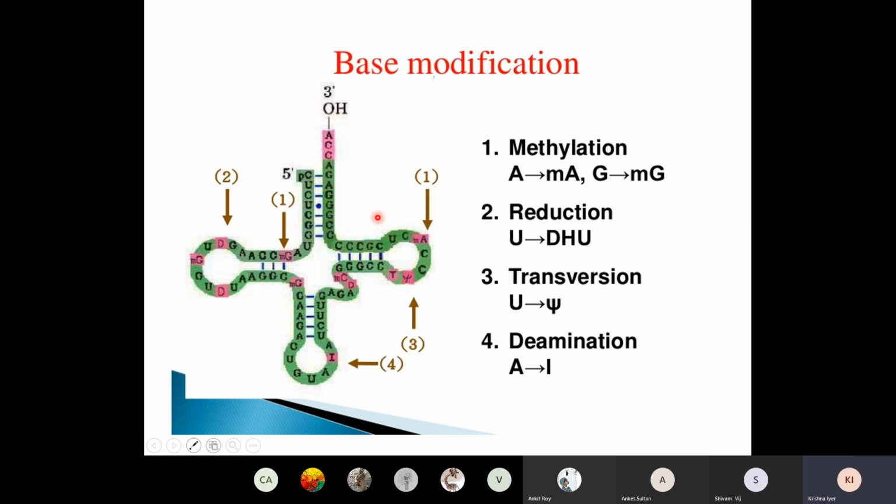All of these modifications like methylation, reduction, formation of pseudouridine, deaminations, they all occur after transcription. So they are referred to as base modifications after transcription of tRNA. This is seen both in prokaryotes as well as eukaryotes. Sometimes in 11th and 12th, when they teach you transcription for the first time, they say post-transcriptional modification occurs only in eukaryotes.